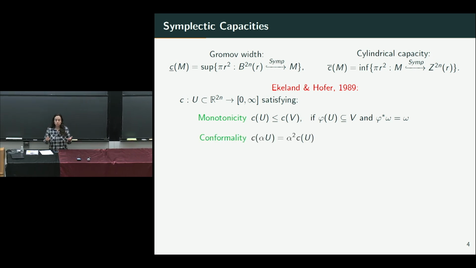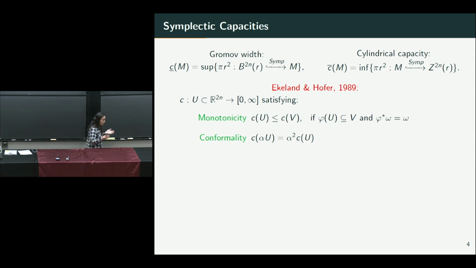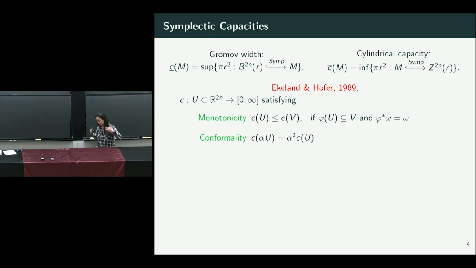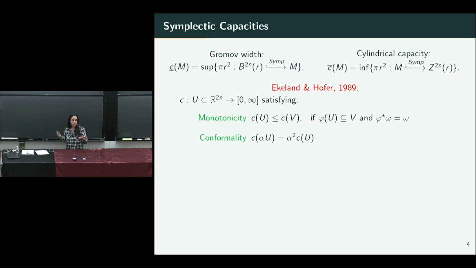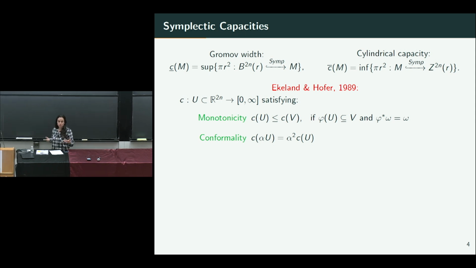We also want it to behave nicely with respect to scaling. So if we scale a subset of R^2n by alpha, this corresponds to multiplying the symplectic 2-form by alpha squared. So we want the capacity to also be multiplied by alpha squared.